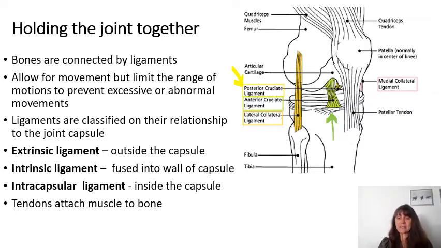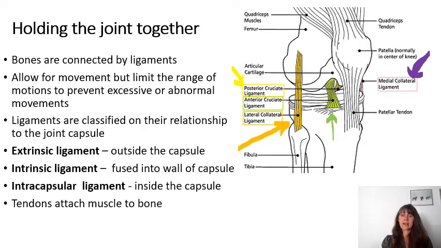extrinsic ligaments in the form of the medial collateral ligament, which is also sometimes referred to as the tibial collateral ligament because it helps to join the femur to the tibia medially. Remember, the tibia is medial in comparison to the fibula. On the lateral aspect, we see the lateral collateral ligament or fibular collateral ligament.